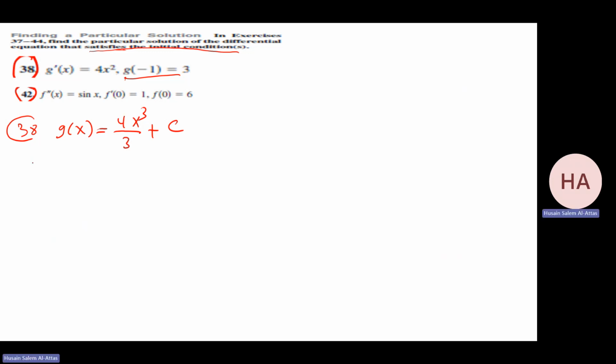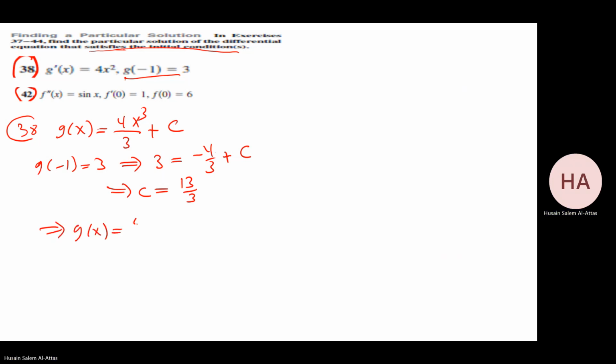That implies, now I have g at minus 1 equal 3. That implies 3 equals minus 4 over 3 plus c. So c will be what? 9 over 3 plus 4 over 3. That will be 13 over 3. So my g of x is 4 over 3 x cubed plus 13 over 3.